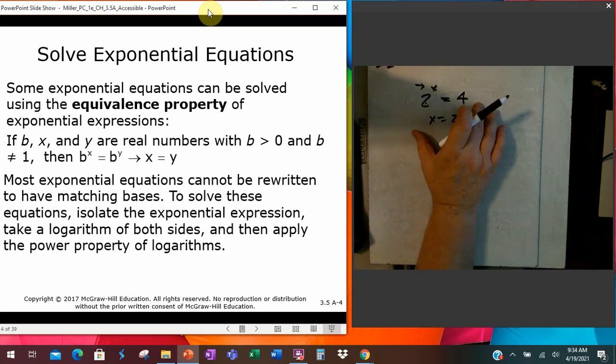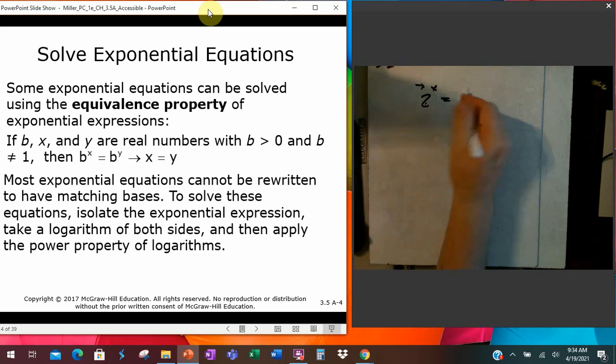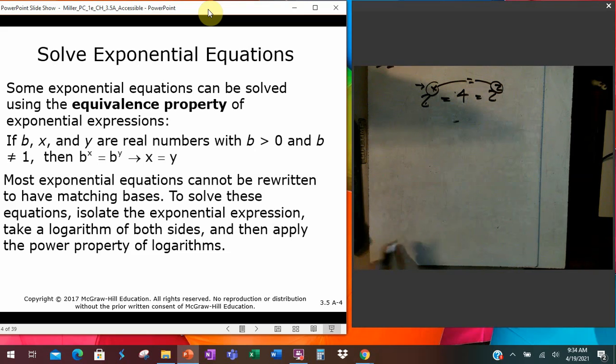But it's not always going to be that simple. Sometimes we're going to have to use logs. Sometimes we can say, isn't 4 the very same thing as 2 squared? So x must be equal to 2. Here's my base, here's my base.